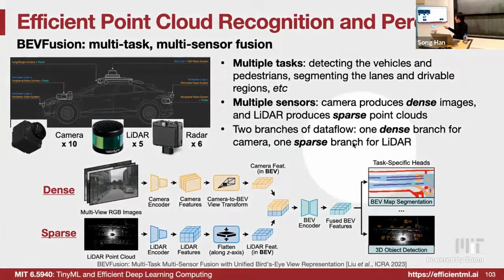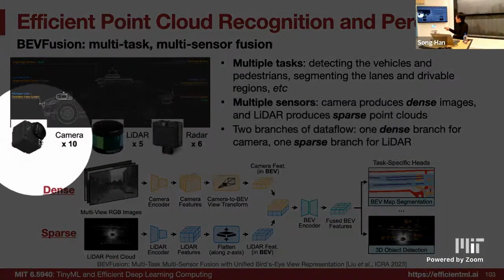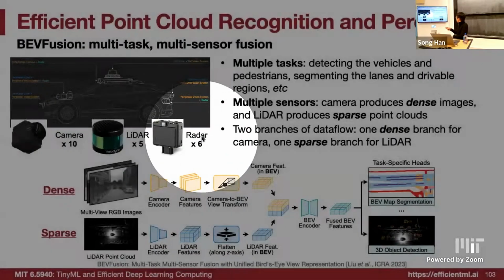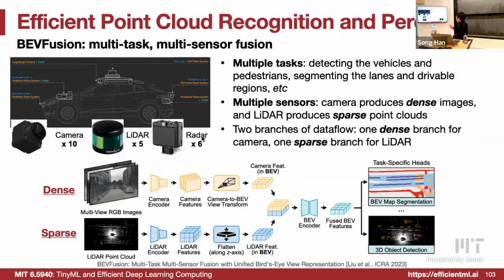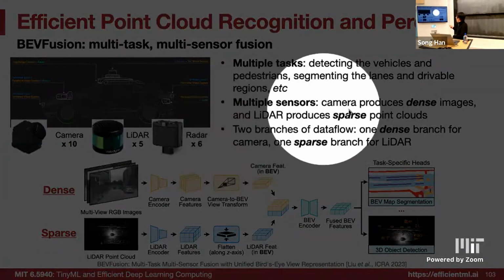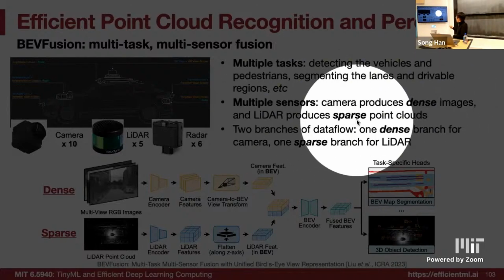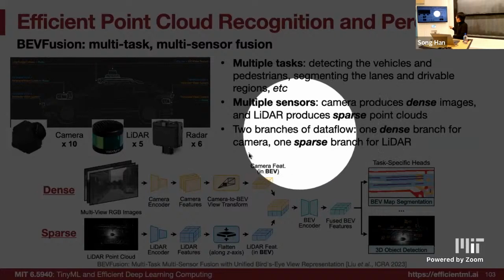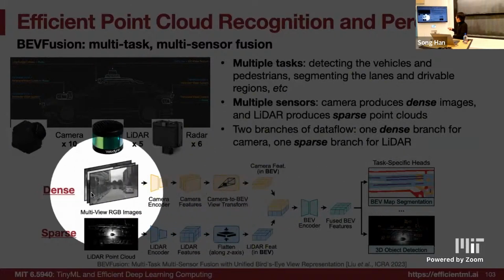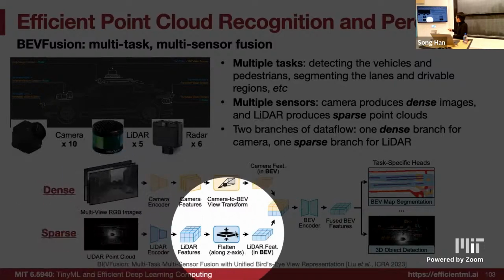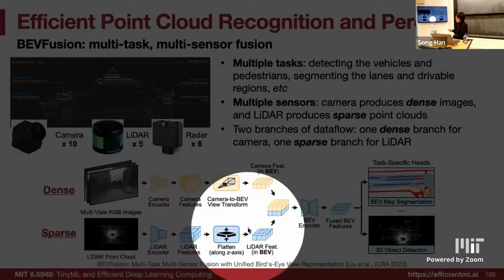So here is a popular configuration for a self-driving car: multiple cameras, multiple LiDARs, several radars, okay? We can fuse the information across multiple sensors that consist of dense images and also the sparse point cloud. And there will be two branches of data flow. One is the dense branch for the camera. The bottom is the sparse branch for the LiDAR.